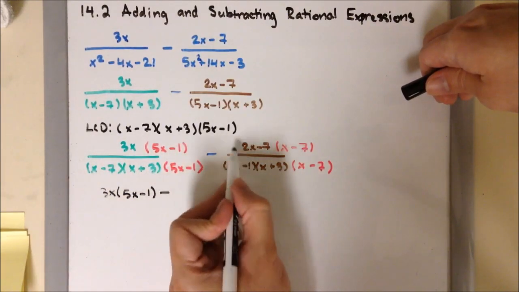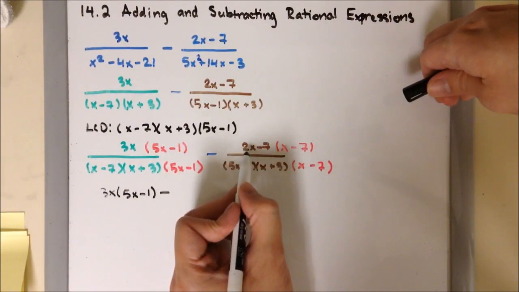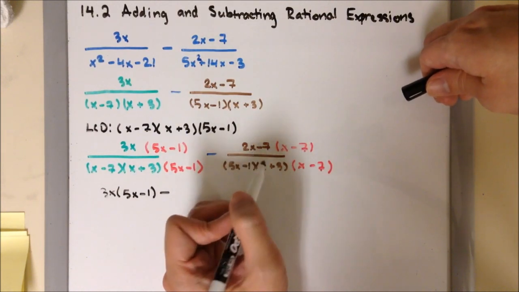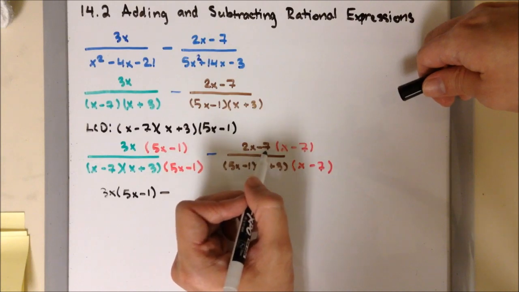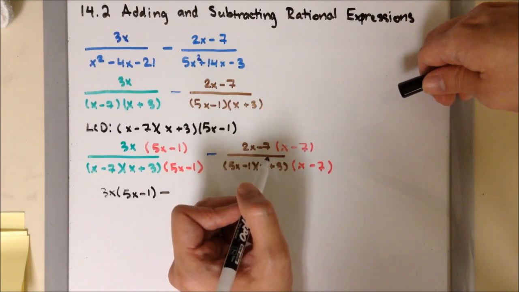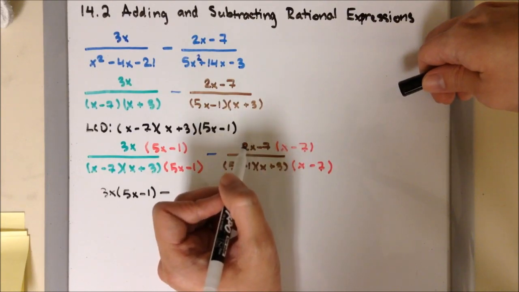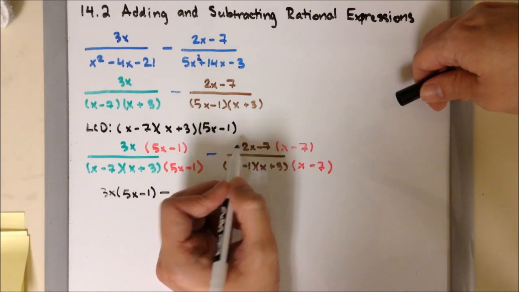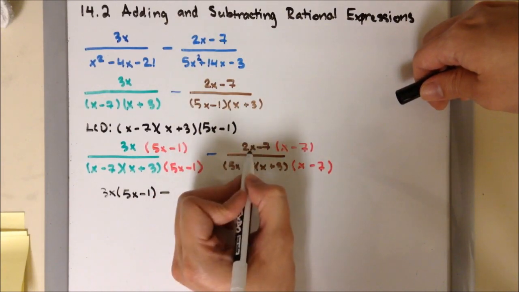Now, since the second fraction has an expression, 2x minus 7, this is different from the previous three examples. In each of the examples, we only have one part, either a number or a term such as 5x or 3x. Here we have an expression, two terms, 2x minus 7.